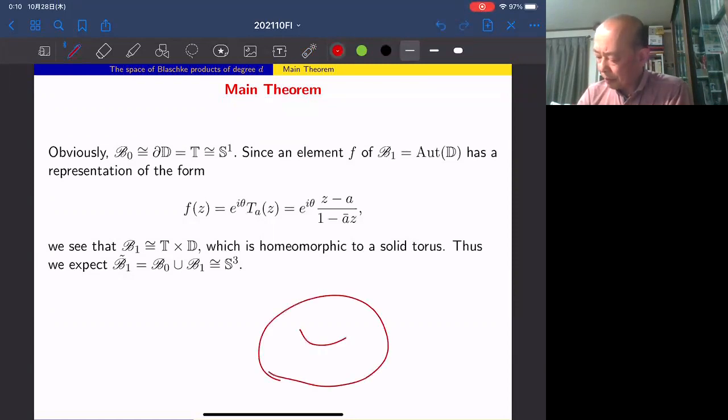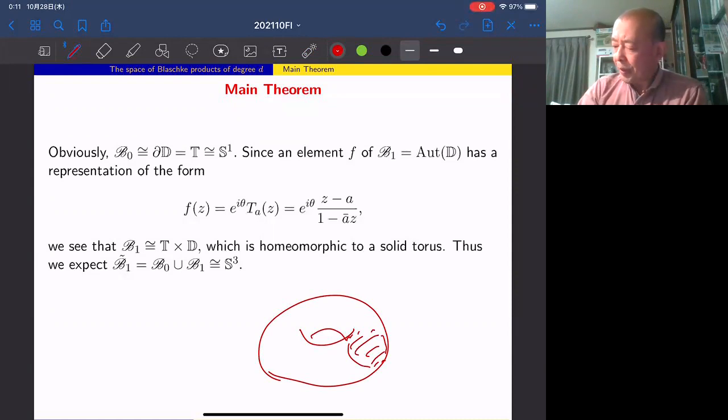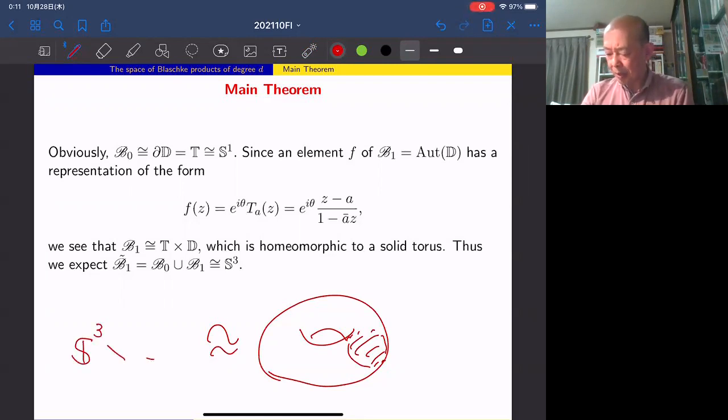Something like this. And so what about the union here? Union of this one and this one. So in some sense, the solid torus may be topologically the same as the S3 minus some circle S1.